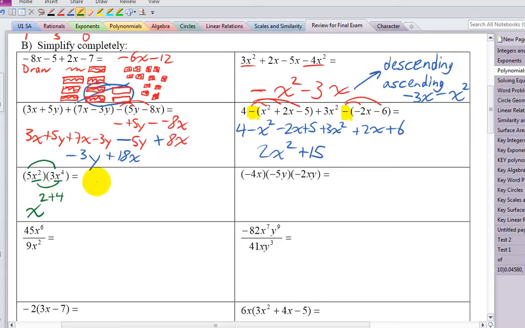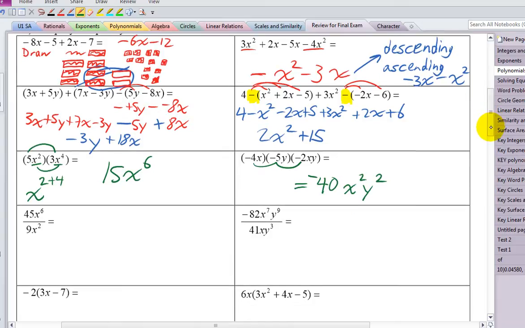What's the answer for this one? Good. Do the next one. Go. Negative 40x squared y squared.